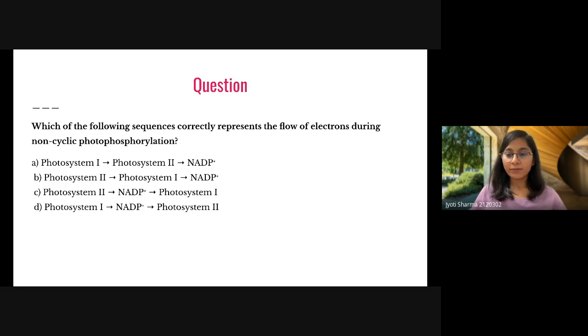Till now we have one figure where I showed how this electron will move, and ultimately what is the use of that electron. So can you tell me the correct sequence of the flow of electron that we have learned during non-cyclic photophosphorylation? Anyone?